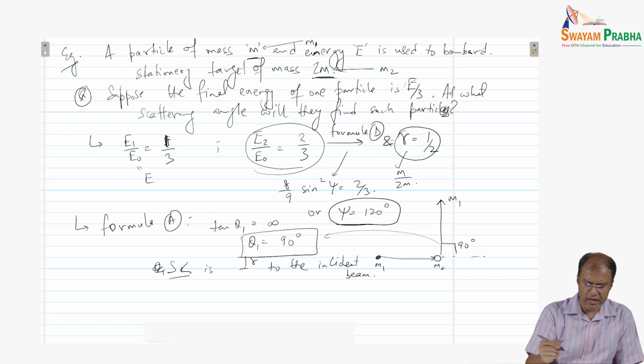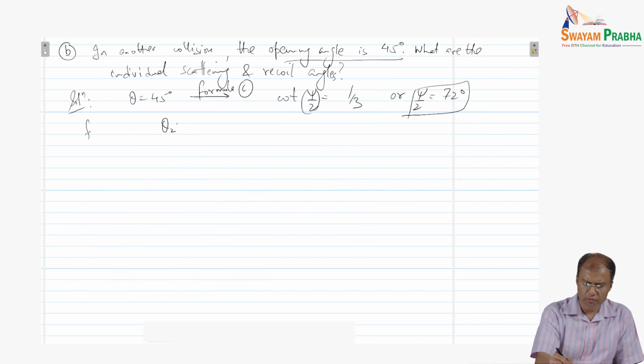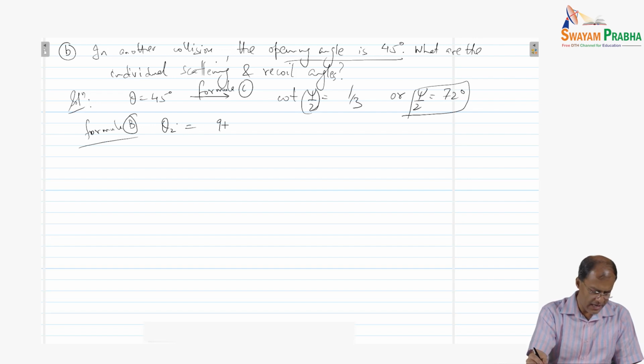From psi by 2 being 72, we can immediately use formula B to find theta 2, which is 90 degrees minus psi by 2.